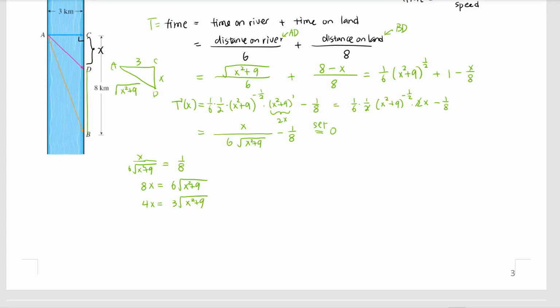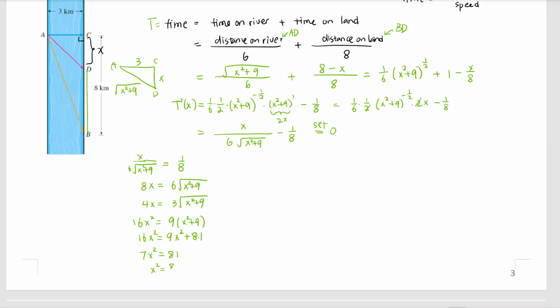When you see square roots, get rid of the square roots. How do we do that? We square both sides. So we have 16x squared equals 9 times x squared plus 9, since the square root squared cancels. Let's distribute it: 9x squared plus 81. Move the 9x squared to the left and we get 7x squared, because 16 minus 9 is 7.